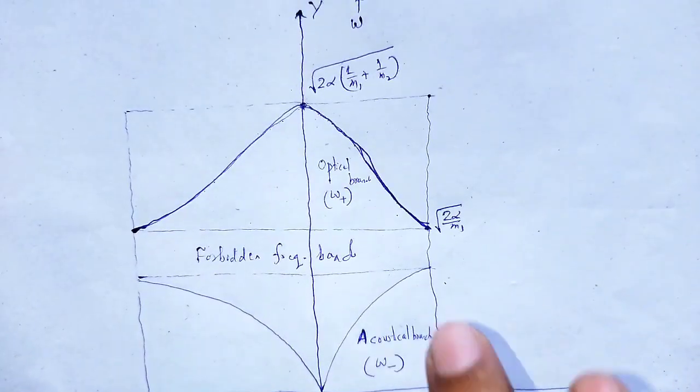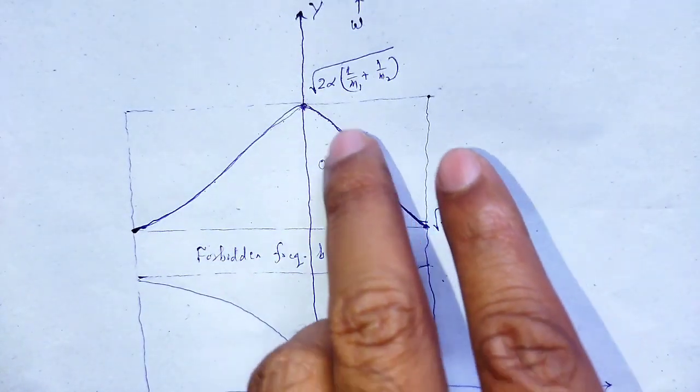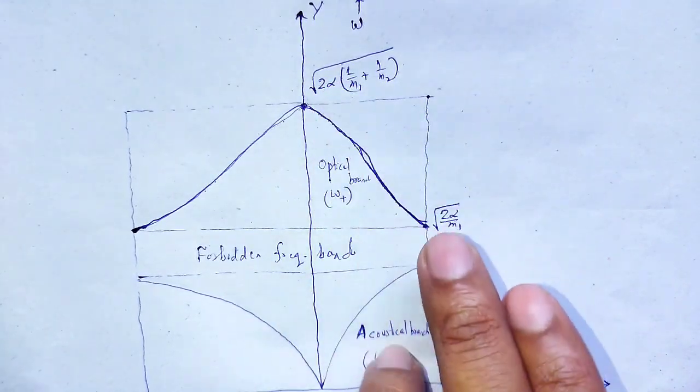That is also shown in the figure for the optical branch, where the frequency varies between these two.